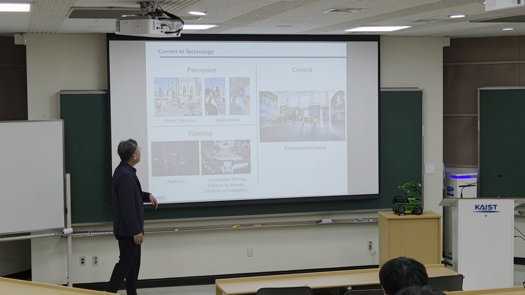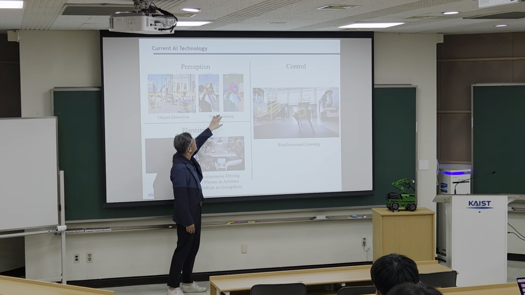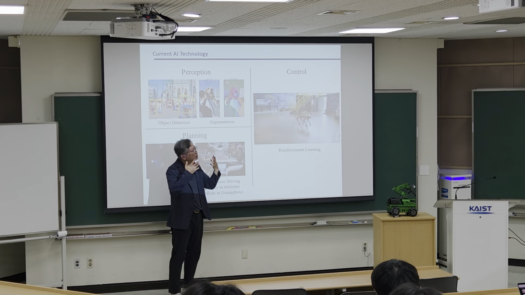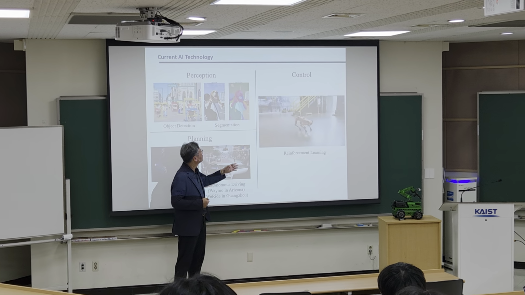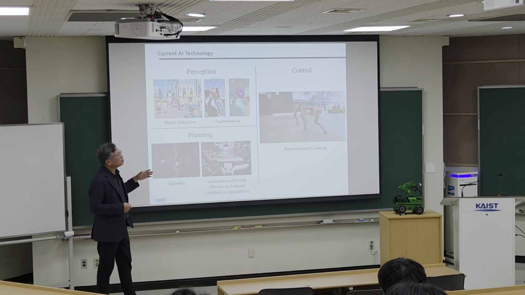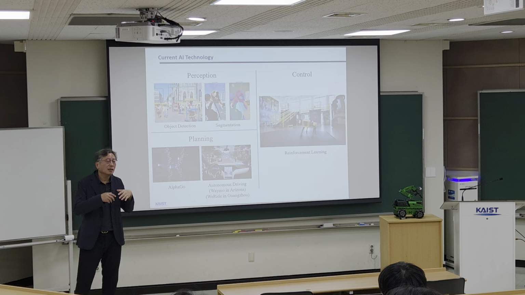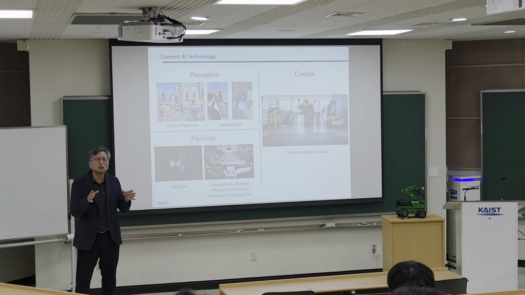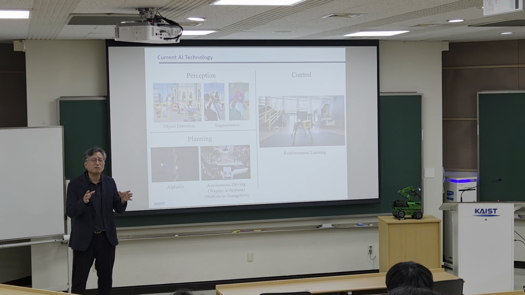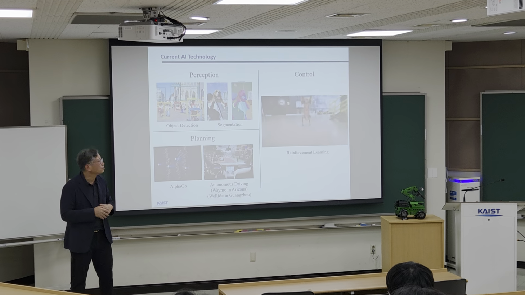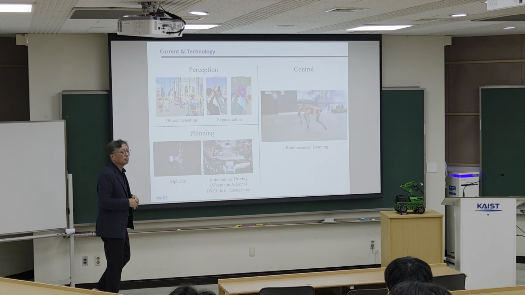And it could segment the image that it sees. So in terms of perception, sensing the world, they can do a very good job. There are computer vision algorithms that can do better than you.